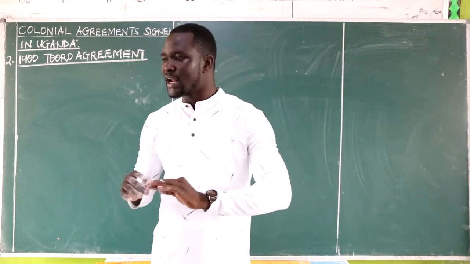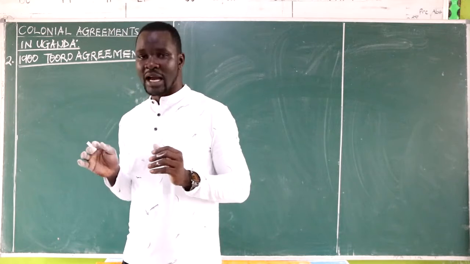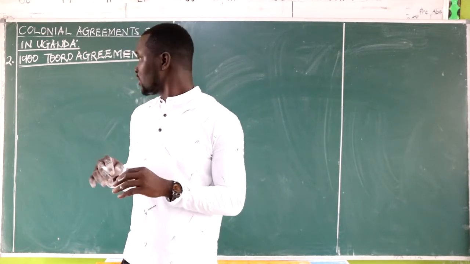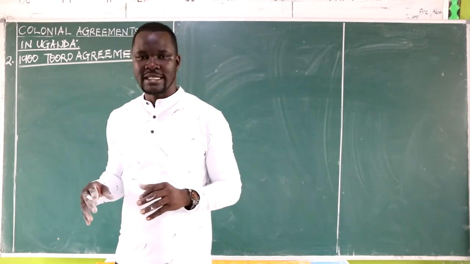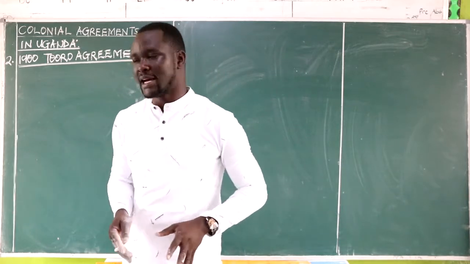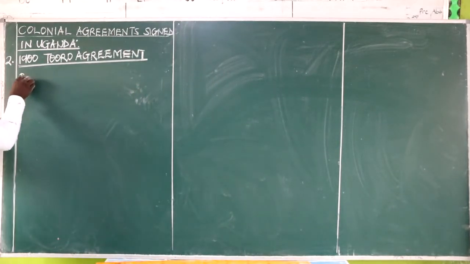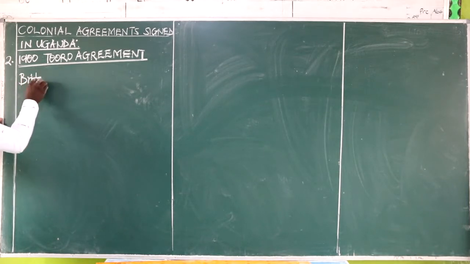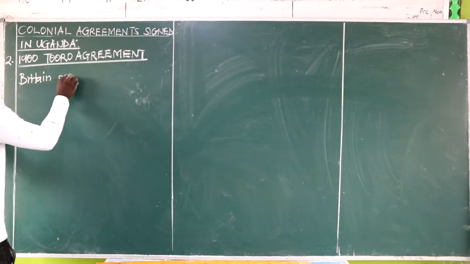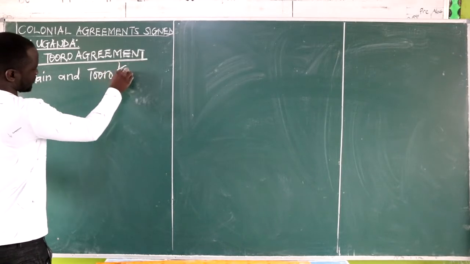Now they are going to another society, another kingdom, and we are now looking at Toro, and we are saying that after signing also now with Toro, it meant that Toro was also under their control. They moved to another like that. So with Toro, we are saying this agreement was signed between Britain and Toro Kingdom.